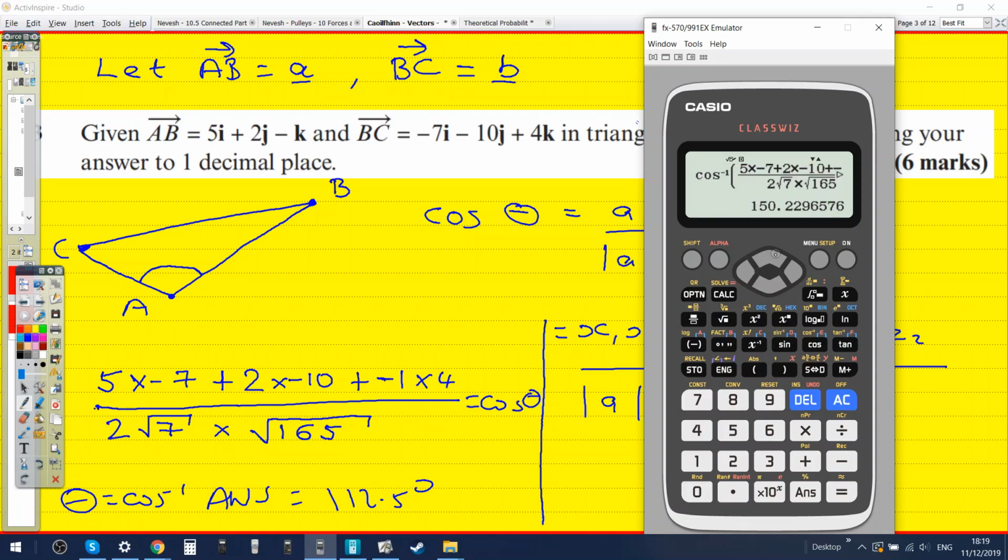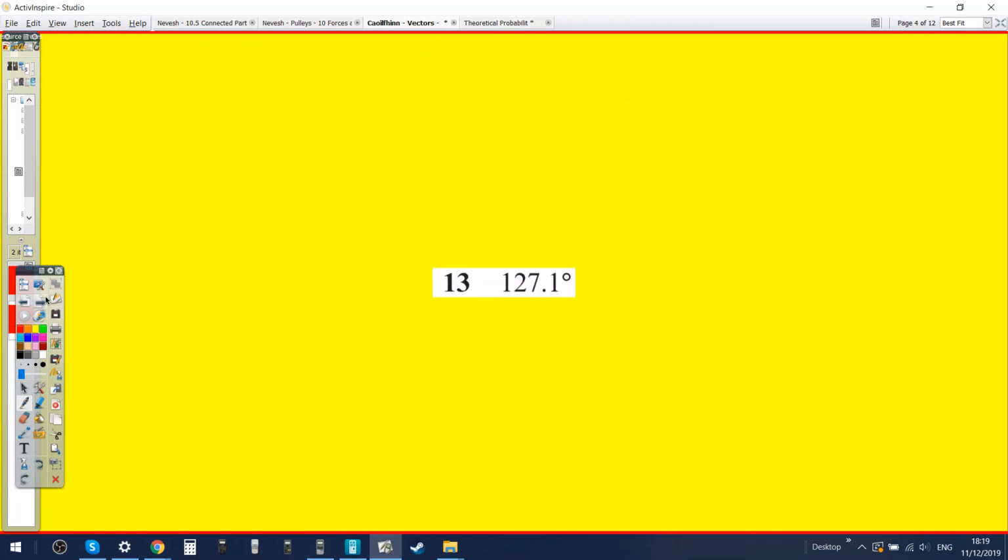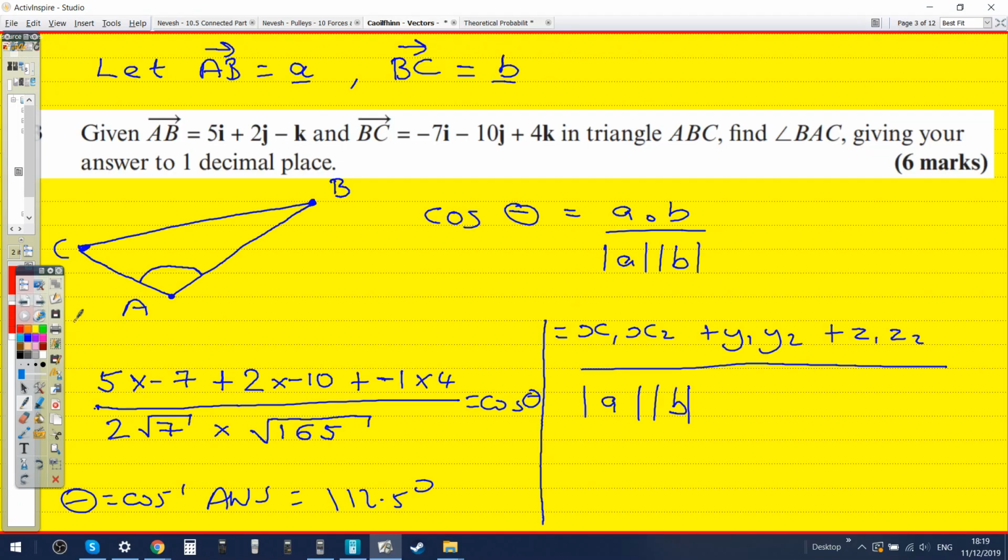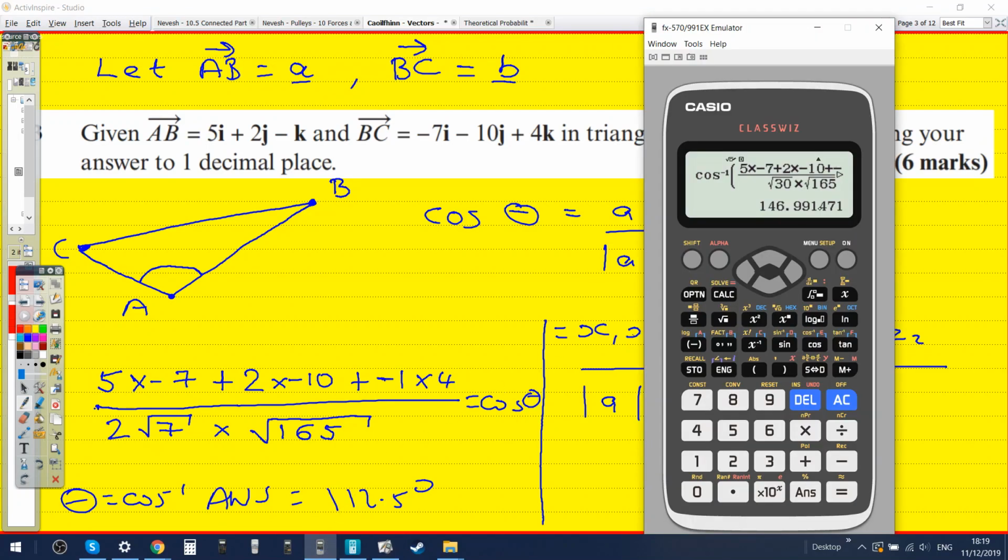So we said it was root 30, and so I'll change the 2 root 7 into root 30. And I get 150, and they get 127. Why? Was there some other sin that I committed? 7, 10, 4. 7, 10, 4.